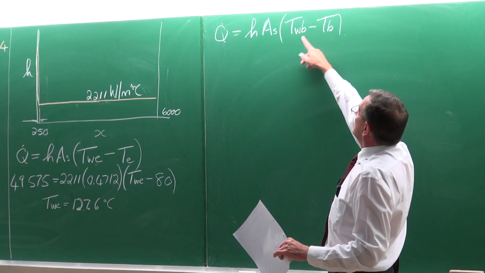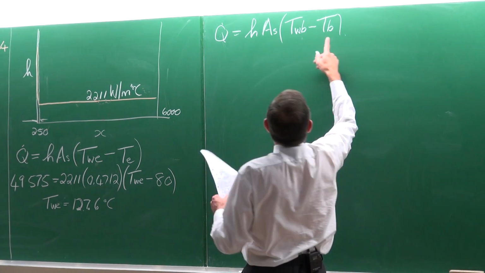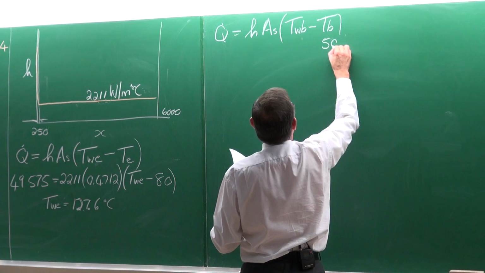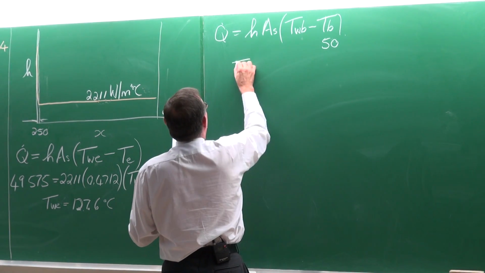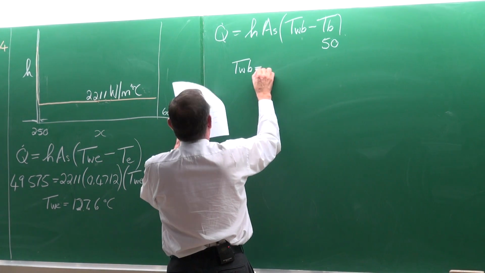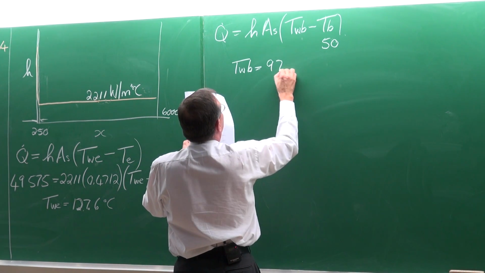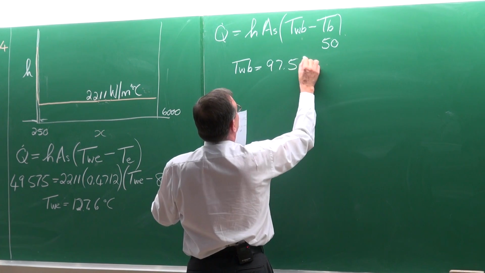Everything is known except the wall temperature bulk, because that temperature there is equal to 50, the bulk temperature, and from that we can calculate that the wall temperature bulk is equal to 97.58 degrees Celsius.